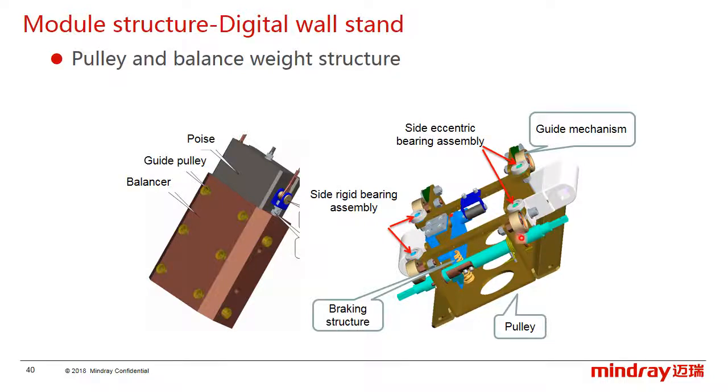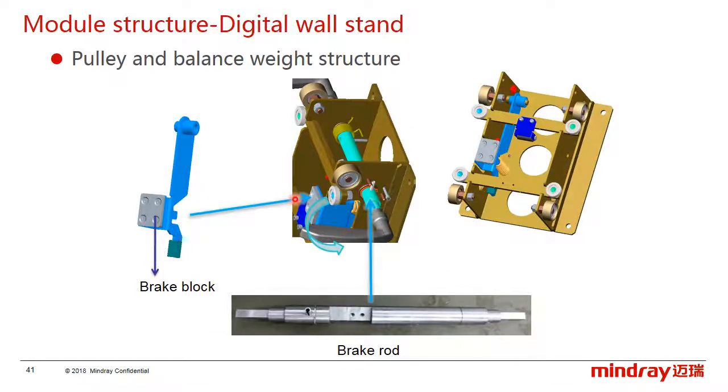This is the pulley which supports the detector movement. As I said before, the detector moves on the wall stand manually and uses the mechanical braking with a handle. When the handle is in the horizontal direction, this block will stick on the stand surface tightly to provide the braking. While rotating the handle to the vertical direction, the brake block will release and the pulley can be moved.